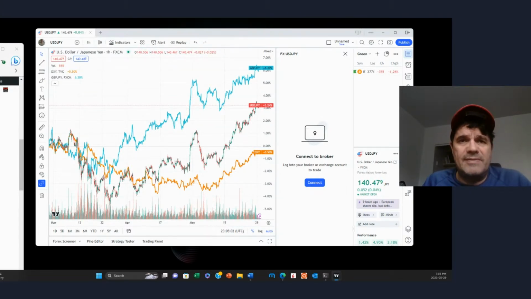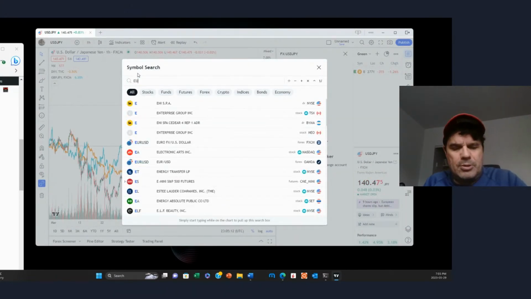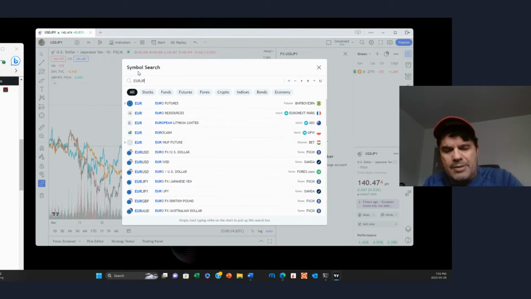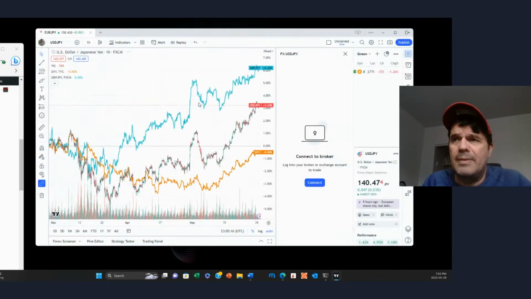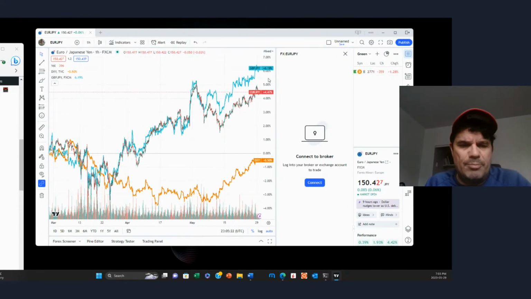Another pair we can take a look at here is Euro Japanese yen. Okay, let me just pull up Euro Japanese yen. I think this will be better than the USD Japanese yen. So you can see here that the euro, actually, it's the British pound that's outperforming the euro over the last 3 months.